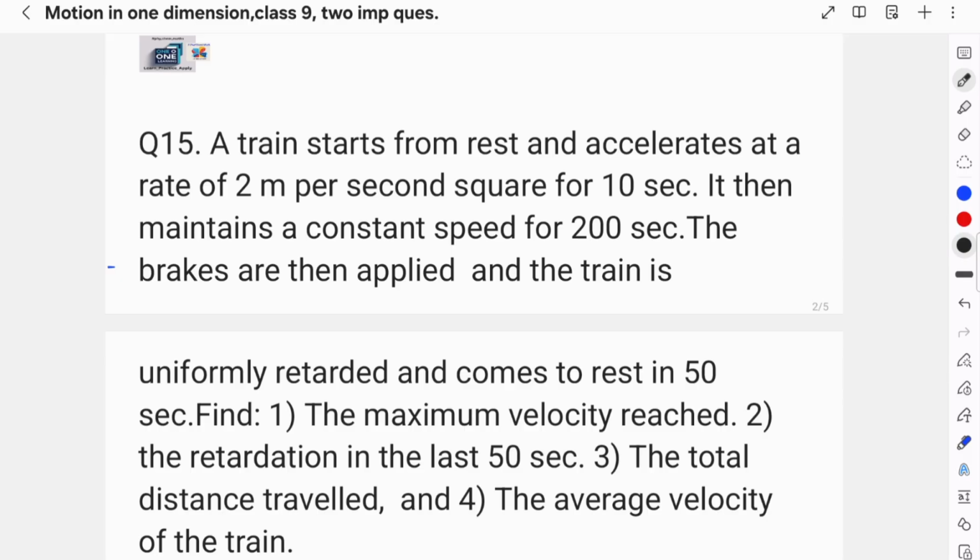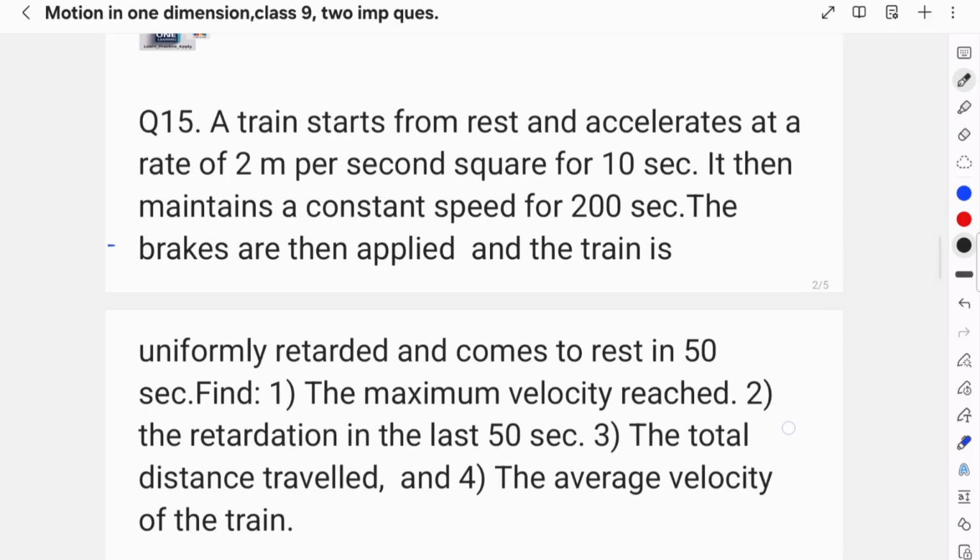Then the brakes are applied and the train is uniformly retarded and comes to rest in 50 seconds. Now we have to find the maximum velocity reached, the retardation in the last 50 seconds, the total distance traveled and the average velocity of the train.